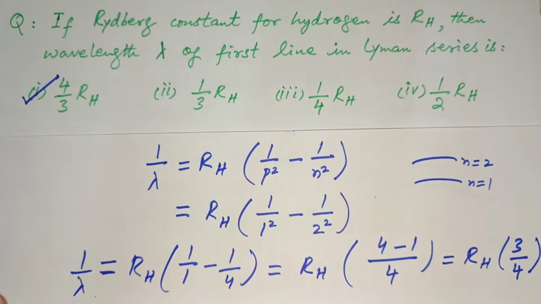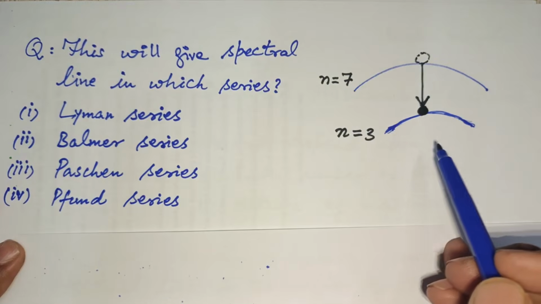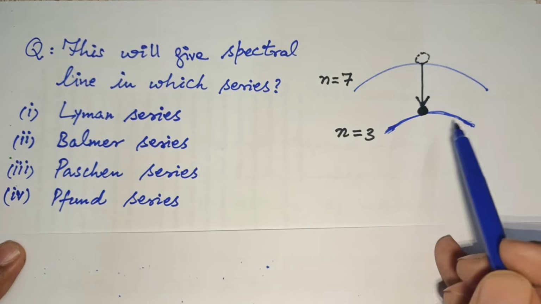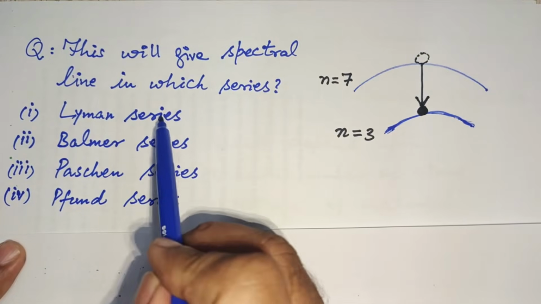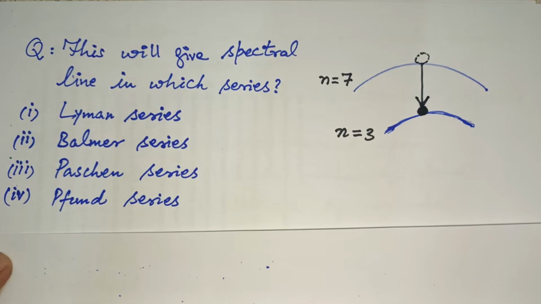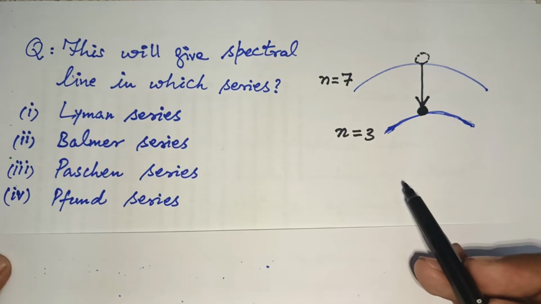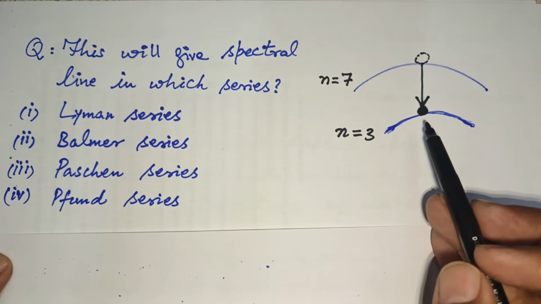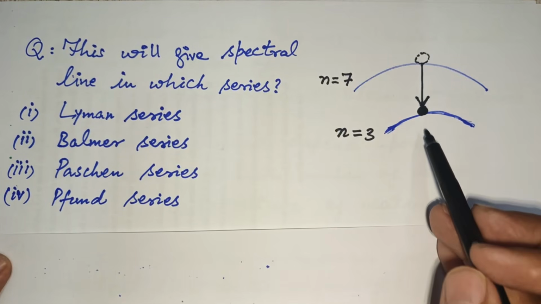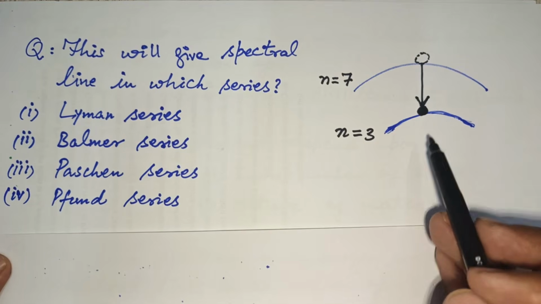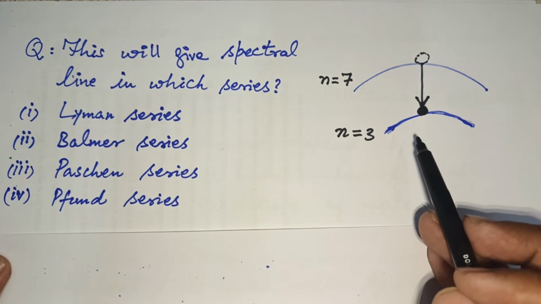4 over 3 RH. Here again we have a transition and they are asking which series this will give a spectral line in. Transition is from n equals to 7 to n equals to 3. So we can see that the electron jumps from the 7th to the third state.